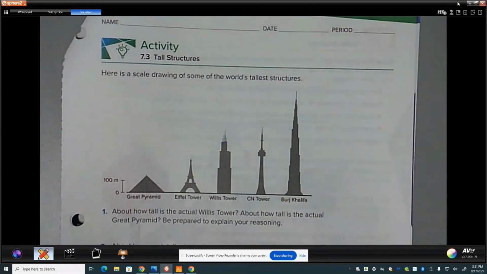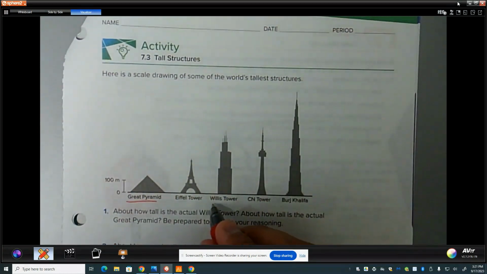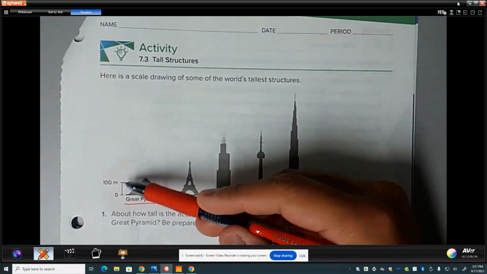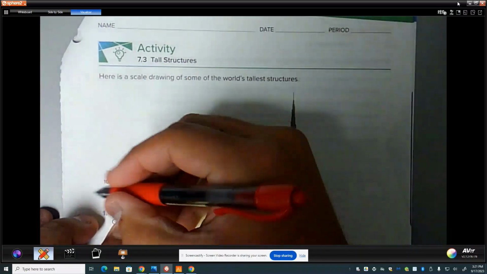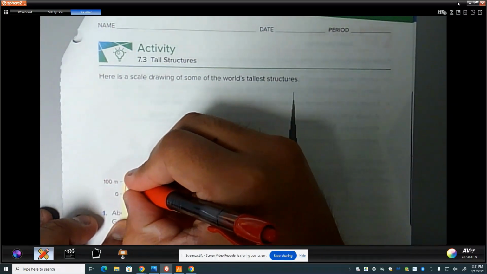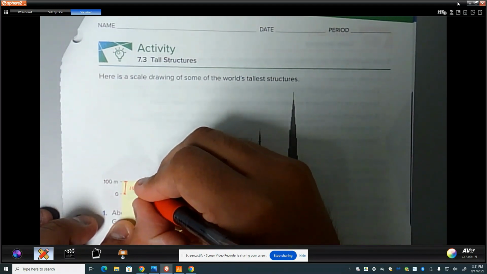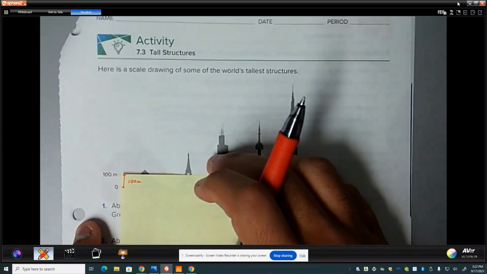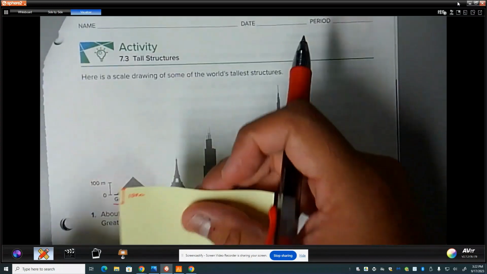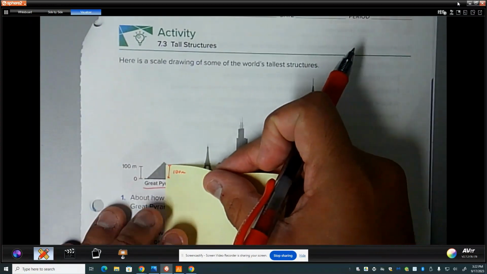My goal here is to be able to find the actual distance of the Great Pyramid and the Willis Tower. Now if I look at the scale, I notice that the distance covered from here to here represents 100 meters because it has 0 to 100. So what I could do is take that little scale and figure out how many of them are in my scale drawing.